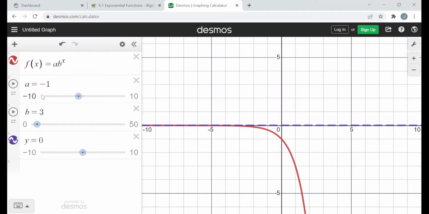And you'll also see, let me go back to a equals 1 here. As the value of the base b increases, it just gets really, really steep. As the value decreases, it gets less steep.